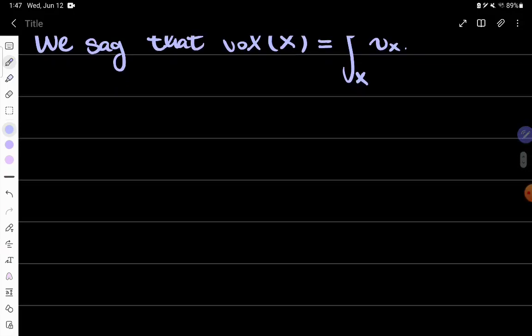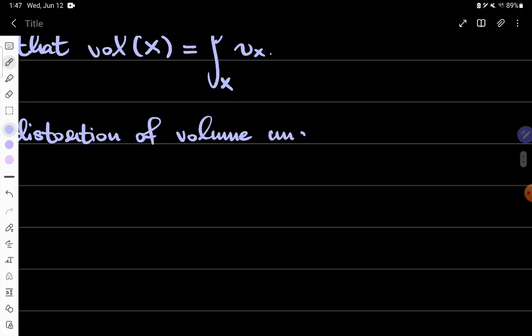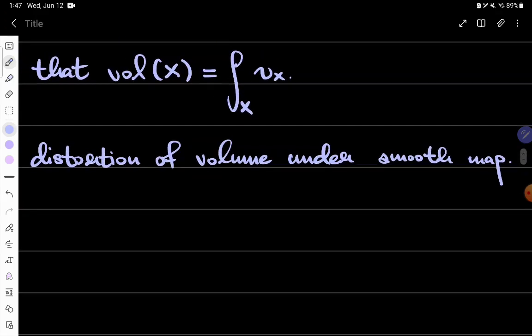So we want to measure the distortion of volume under a smooth map. So we come up with the following definition.